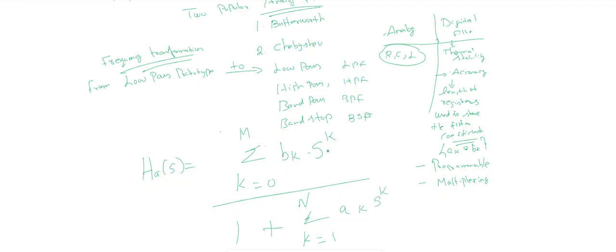So if you substitute z equal to e power j omega, you get the summation of b k e power minus j omega k divided by 1 plus the summation of k equal to 1 to n, a k into e power minus j omega k. Okay, this is the frequency response, H of e power j omega.